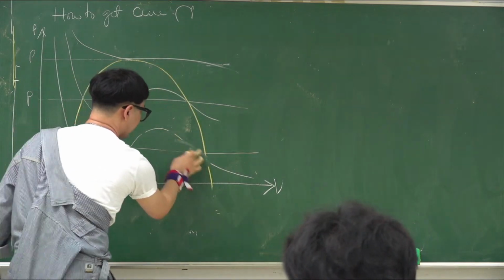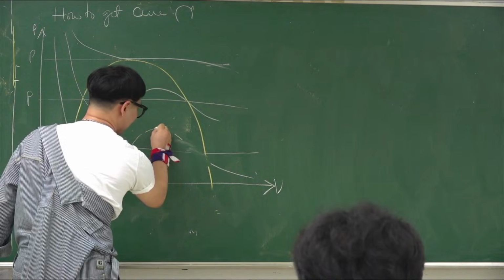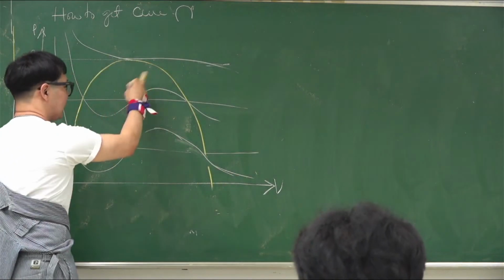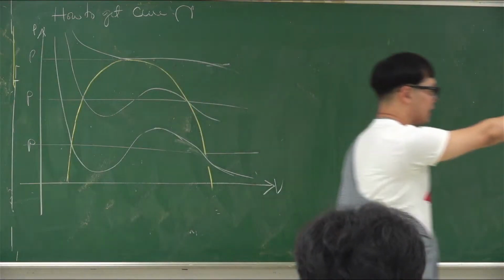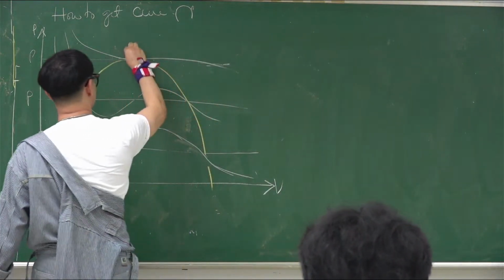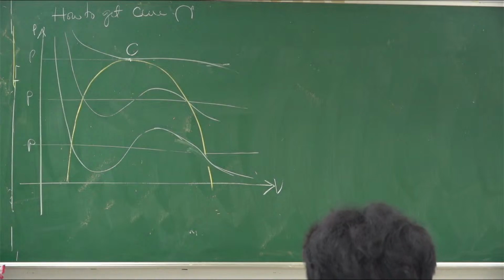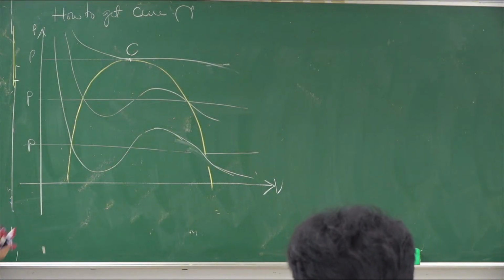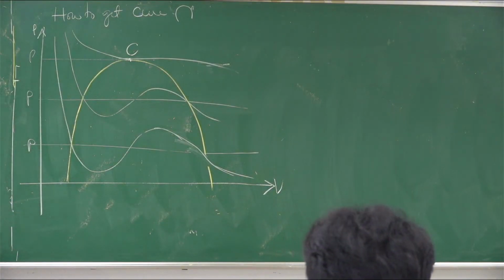Sorry about this. You should cut there, and that is the way we get the curve C. And then this point is a critical point. Okay, are we good here? This is the way.